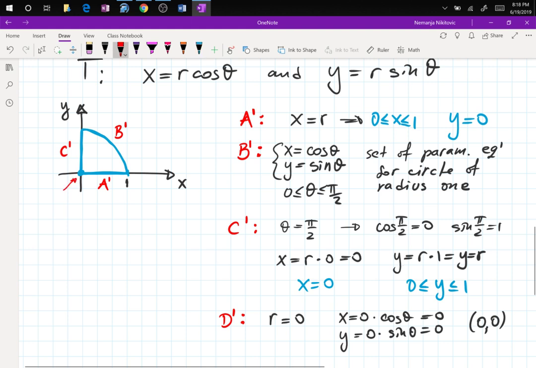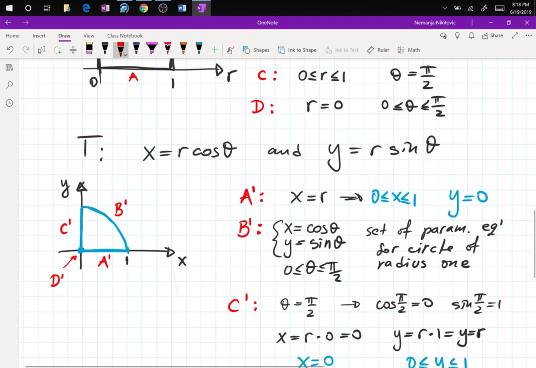So origin only, single point is your D prime. So this problem transformed the region, the rectangle, into a quarter circle using the polar coordinates.